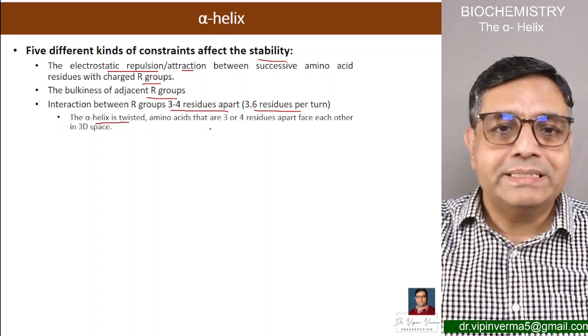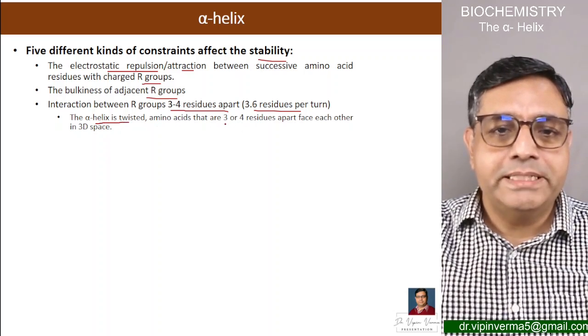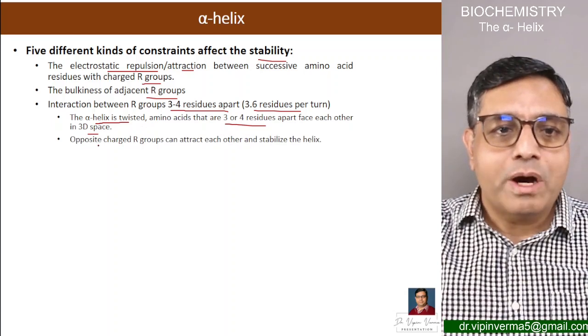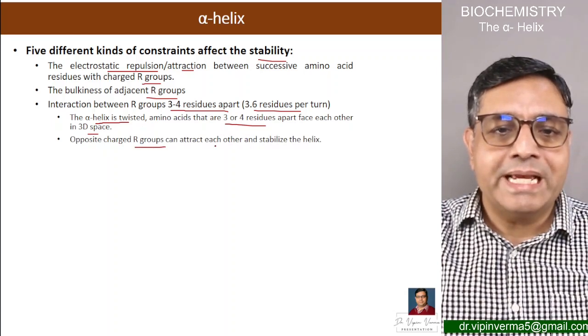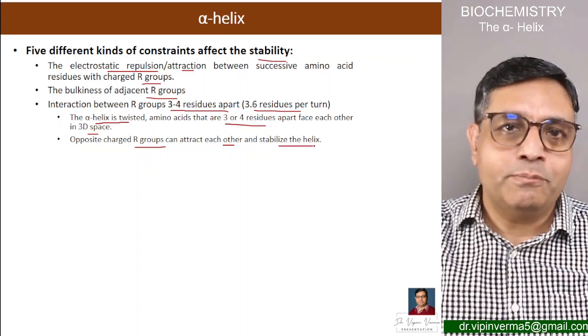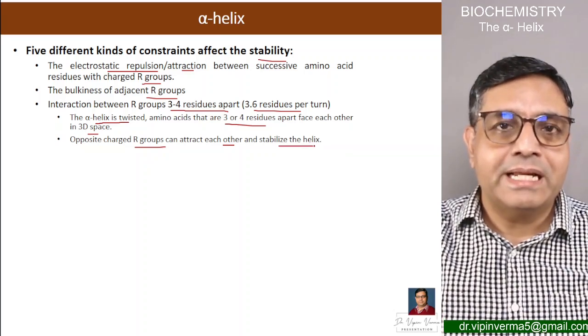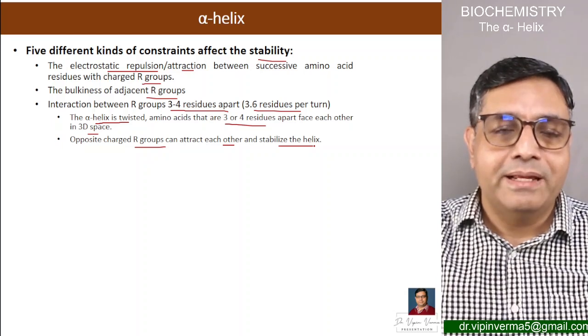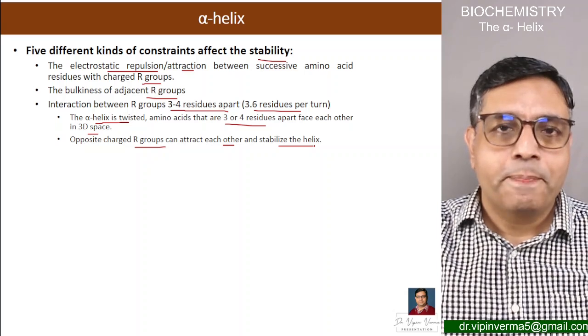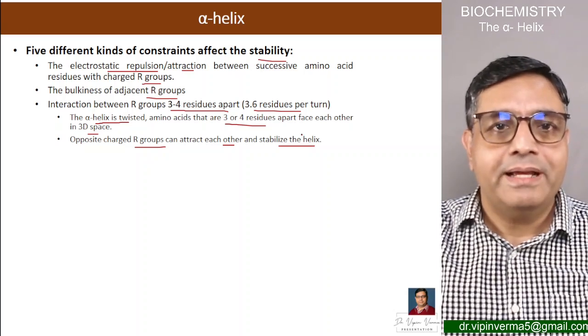So the amino acids which are 3 or 4 residues apart face each other in 3-dimensional space. Alright, so opposite charge R groups can attract each other and stabilize the helix, but if the situation is opposite, if there are like charges, then they will repel, and this repulsion can cause instability of the helix.